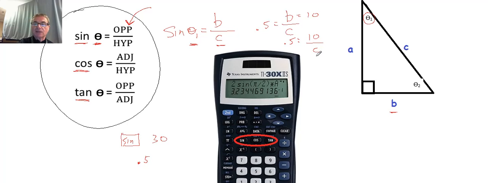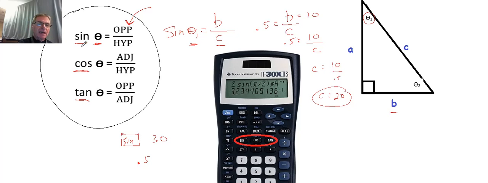And so c is equal to 10 divided by 0.5, and c is equal to 20, whatever those units are. I didn't say whether they were meters or centimeters or whatever. But that's how we use trigonometry. It's basically just some functions on the calculator.